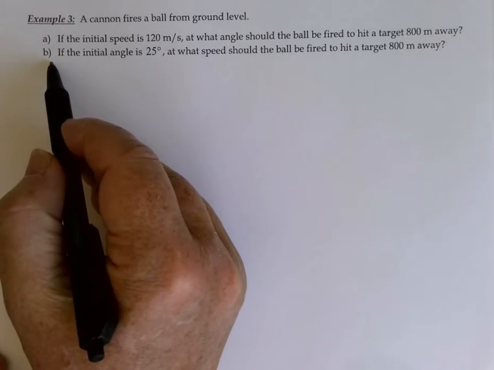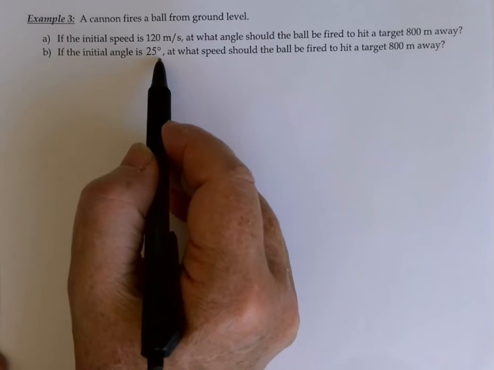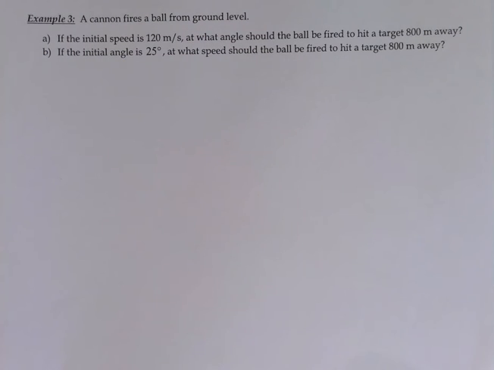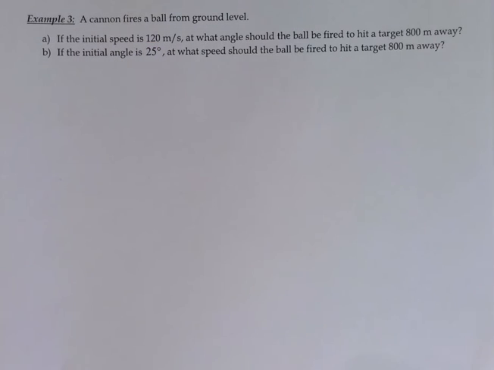And I'm just going to read B as well. In B, if the initial angle is 25 degrees, at what speed should the ball be fired to hit a target 800 meters away? So if you specifically know where a projectile needs to land, I either need to tell you the initial speed or the initial angle, and you should be able to find the other one.